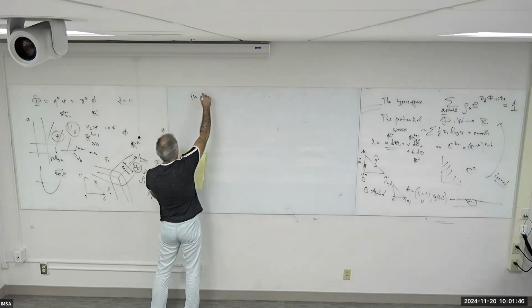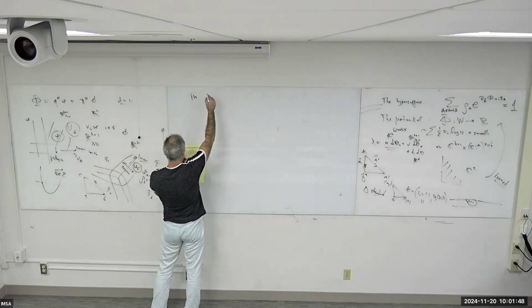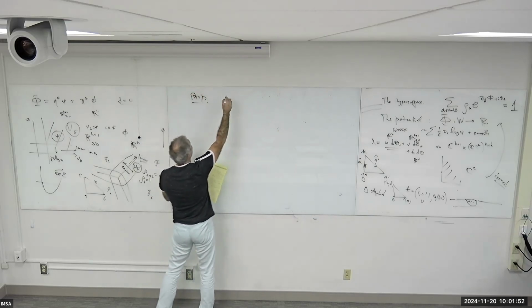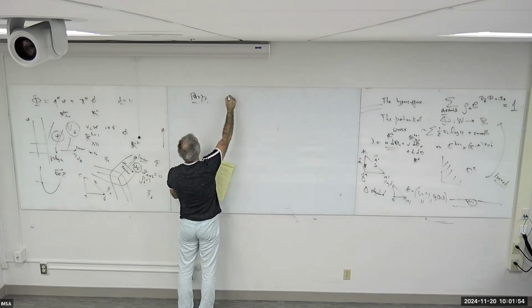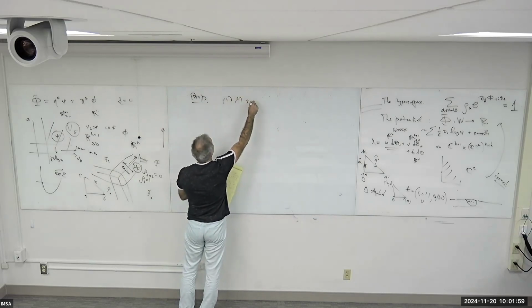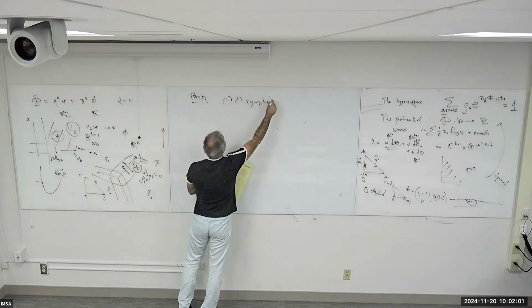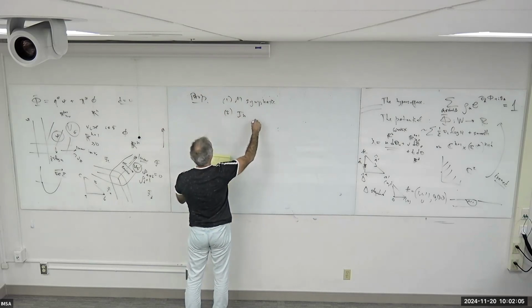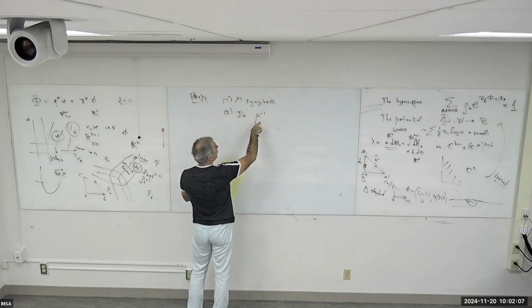So first, proposition. If I have this behavior, then first of all, M is symplectic. Second statement, mu is my moment map.